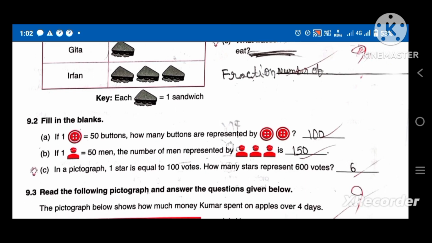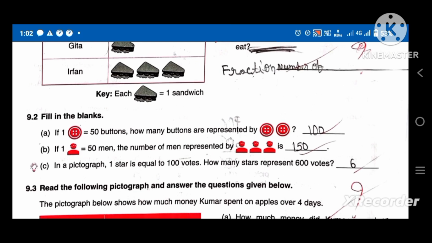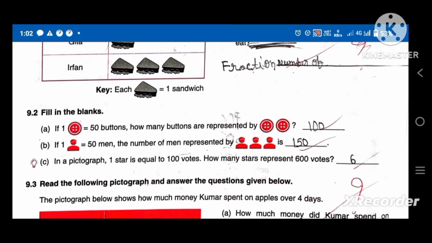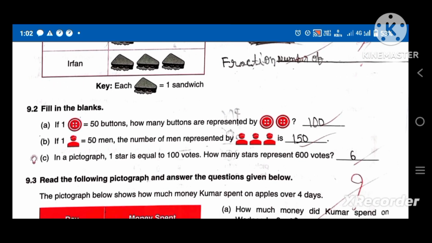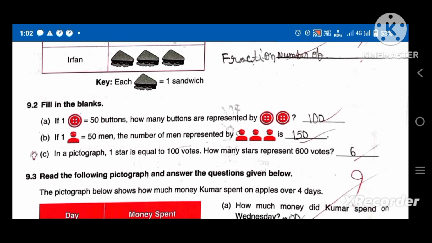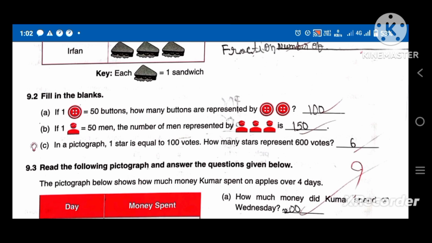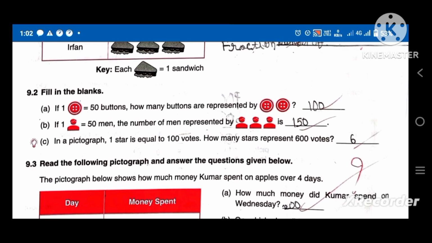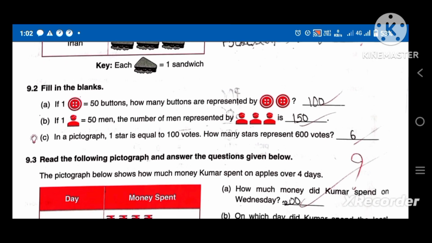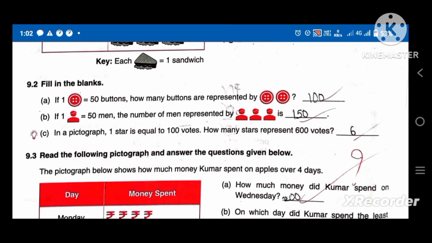9.2. Fill in the blanks. A. If 1 coin is equal to 1 button is equal to 50 buttons, how many buttons are represented by 2 buttons? 100. 50 plus 50, 100.